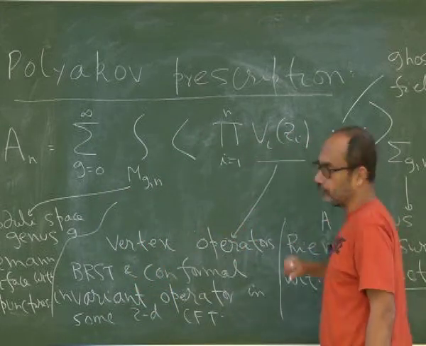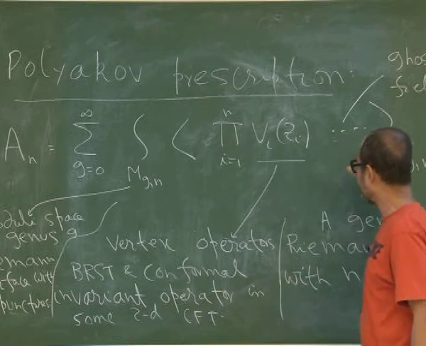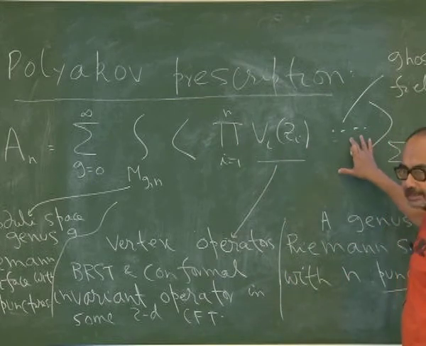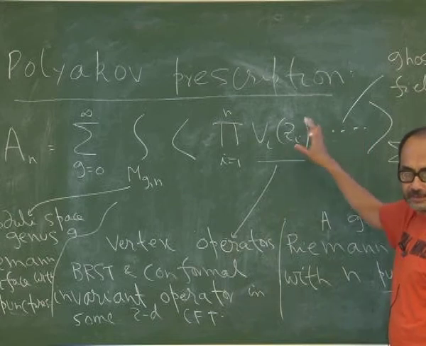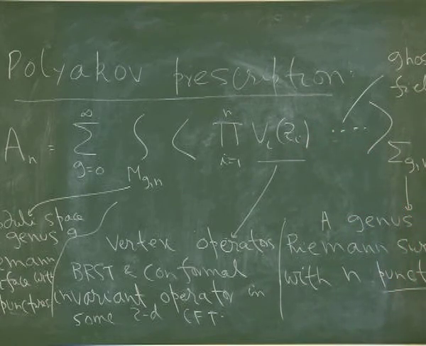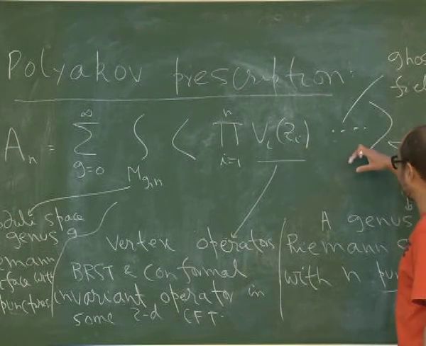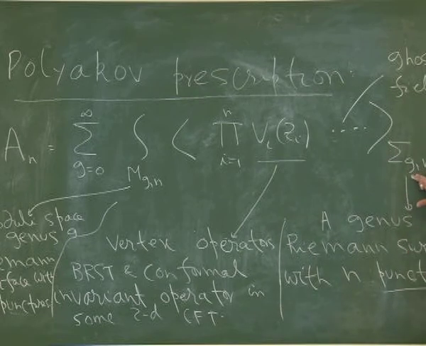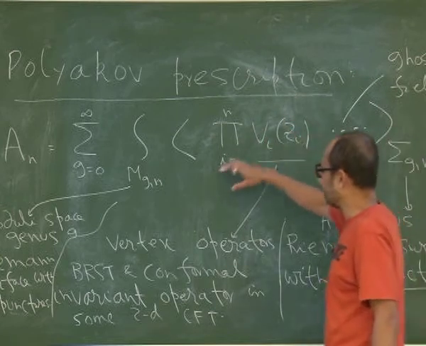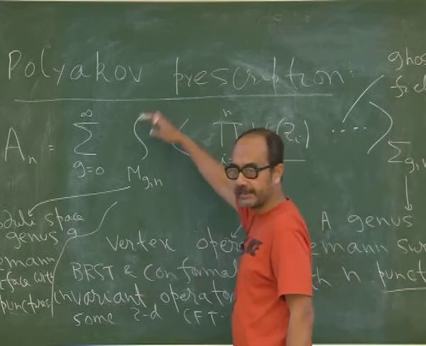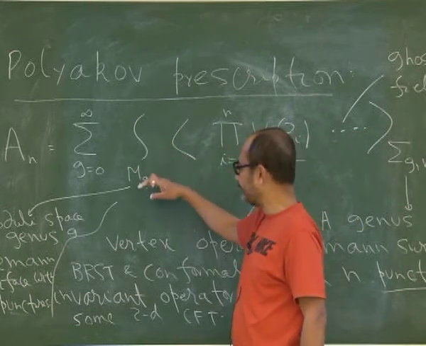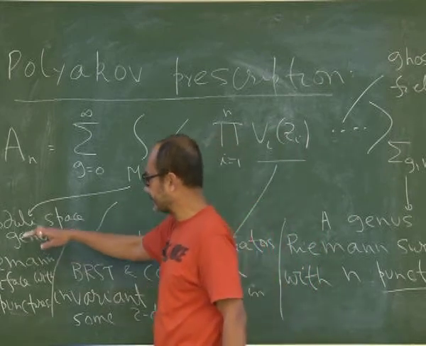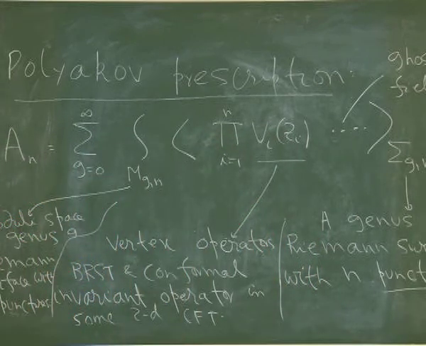You take the product of those vertex operators, calculate the correlation function, together with some additional ghost fields which are universal, which do not depend on the external states that we have. You calculate this correlation function on a genus G Riemann surface with n punctures, and then you integrate this correlation function over the full set of genus G Riemann surfaces with n punctures. So, MGN, the moduli space, is the space of all possible inequivalent genus G Riemann surfaces with n punctures.